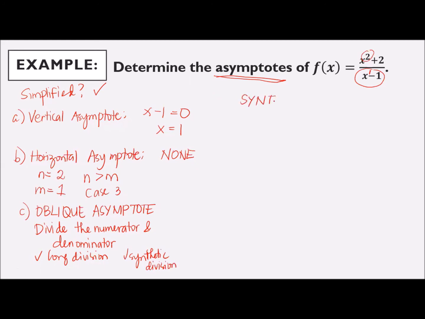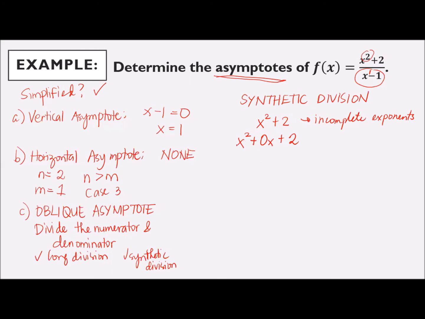So, using the synthetic division, kunin muna natin yung numerator, x squared plus 2. Kung mapapansin nyo, incomplete. Incomplete exponent. So, kailangan muna natin kumpletuhin. Kasi 2 na to tapos biglang naging constant na. So, in short, magsisingit tayo, di ba, ng kung anong kulang. So, 2, 1, 0. So, okay na yan.